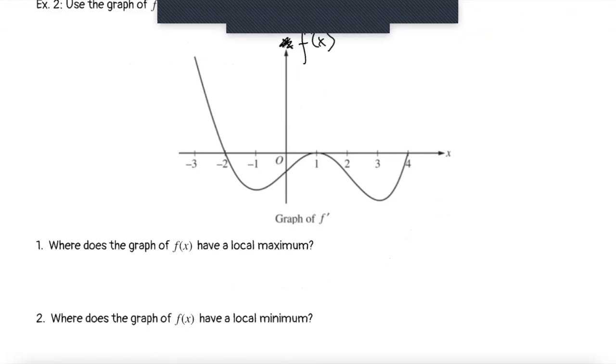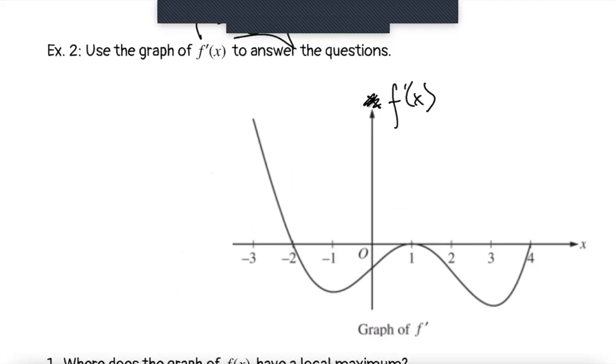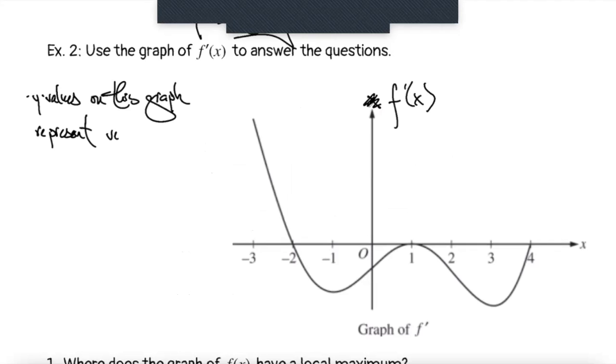That means all of the y values on this graph represent velocity. What does the slope of this graph represent? Good. All right. So y values on this graph represent velocity.